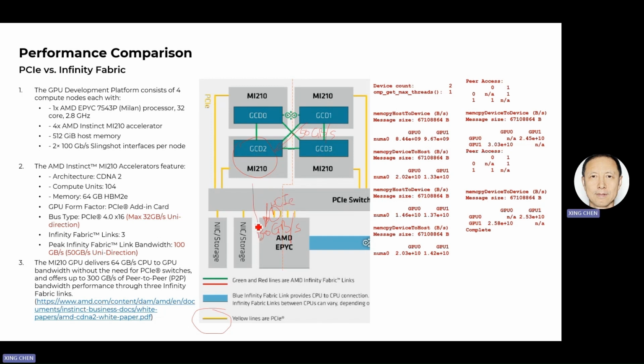So we are going to measure this bandwidth, and also we are going to measure the bandwidth between two GPUs. We know the bandwidth between the CPU and the GPU is 30 gigabits per second, going through the PCIe link. And we know the bandwidth between two GPUs going through the Infinity Fabric is 50 gigabits per second. Let's have a look at the measured results.